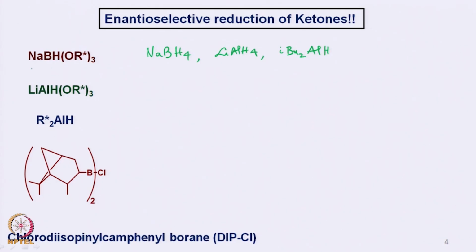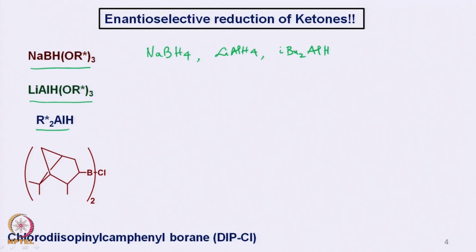See, for example, one can make sodium boro trialkoxy hydride where the R group of the alkoxy part is chiral. In a similar fashion, one can also make the lithium aluminum trialkoxy hydride, where again we have the R as a chiral ligand, and of course one can also do the same with the diol.